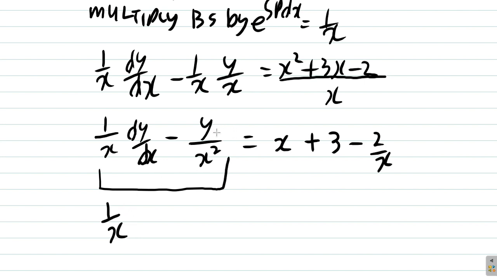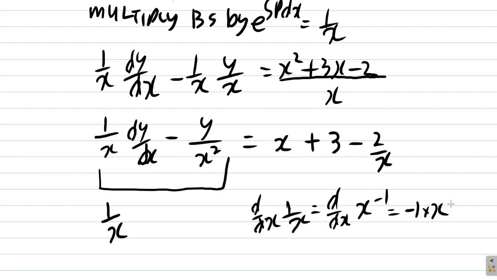But let's see what happens over here. If you differentiate 1 over x with respect to x, what will happen? This would be d by dx of 1 over x, the same as the derivative with respect to x of x to the negative 1, which would be multiplied by the power negative 1 times x to the reduced power by 1, negative 2.